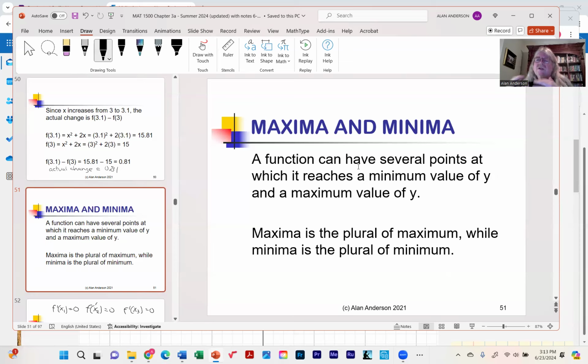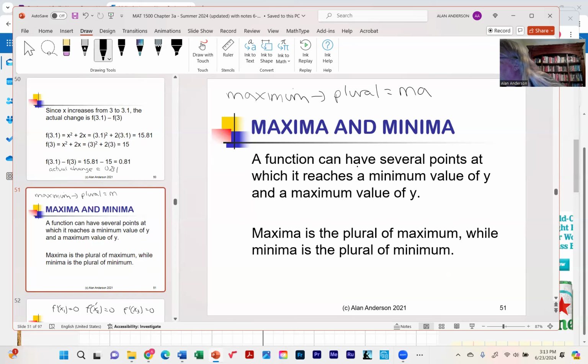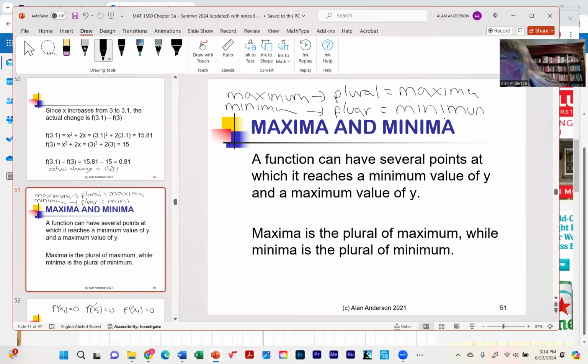Just to avoid confusion, the plural of maximum is maxima, and the plural of minimum is minima, because these are Latin words.